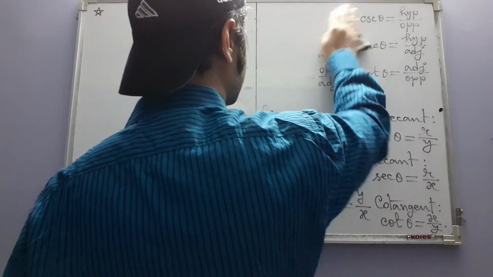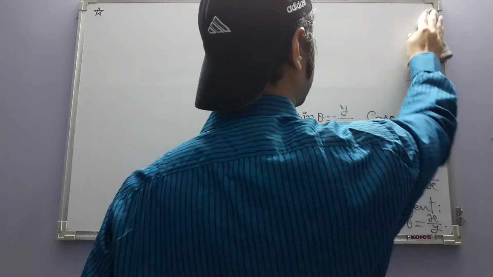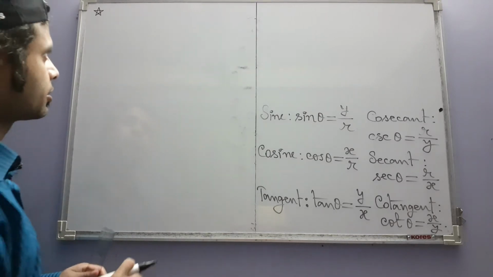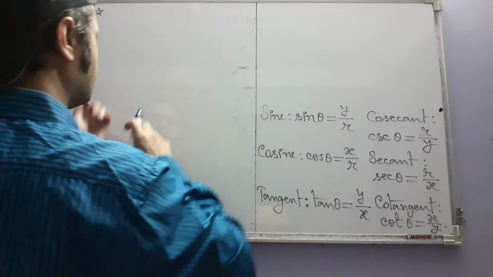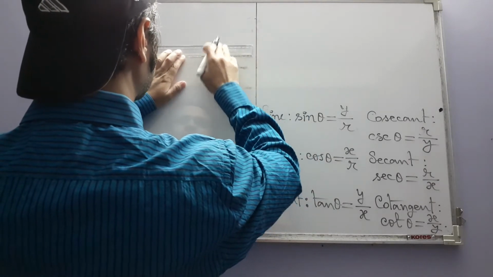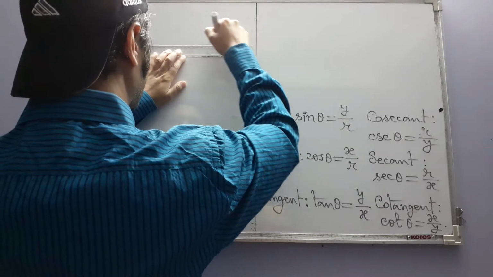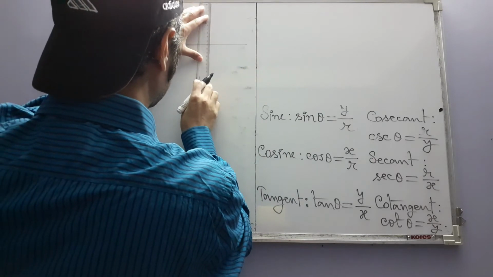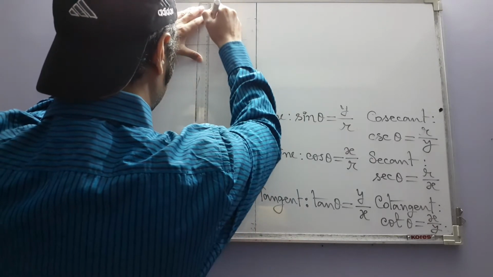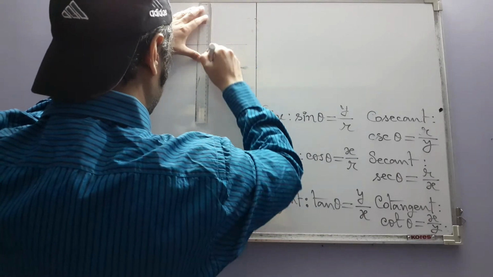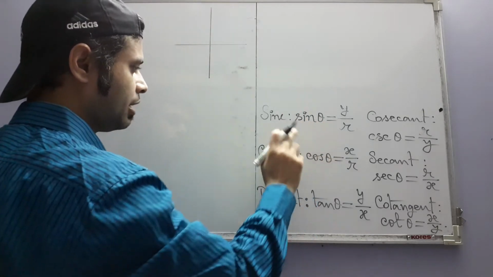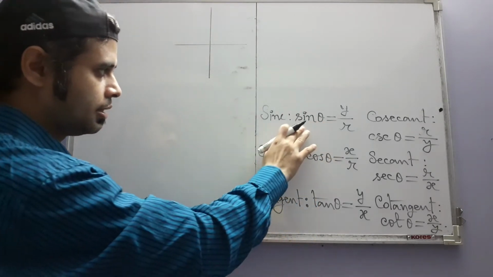This we don't need, this is the old definition. So let me just quickly draw a small figure here. We will now try to see the possible values of theta that will actually give you values for these definitions.